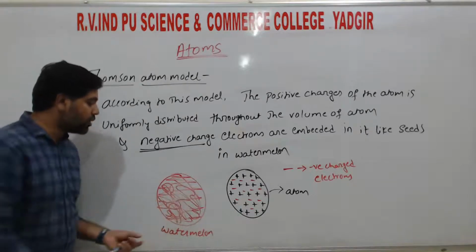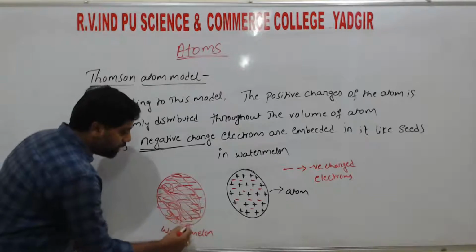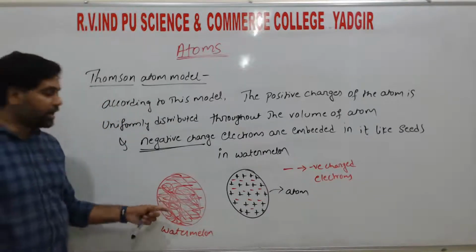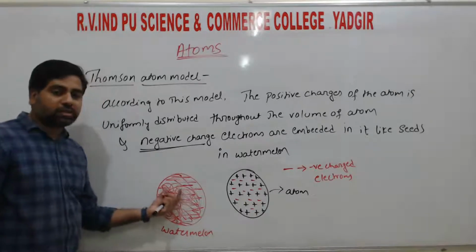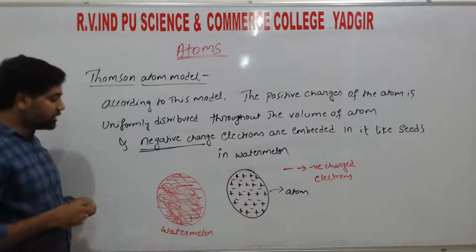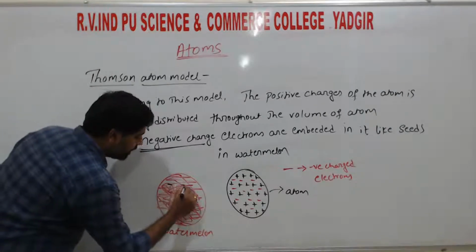So what does this red edible part represent? The positive charges, right? The entire positive charges are uniformly distributed. Next, the seeds which are present in this watermelon, right?